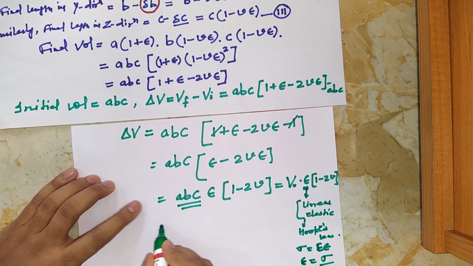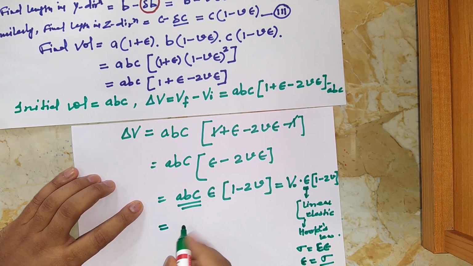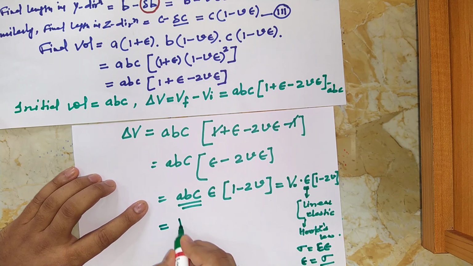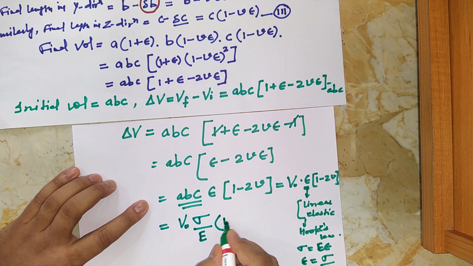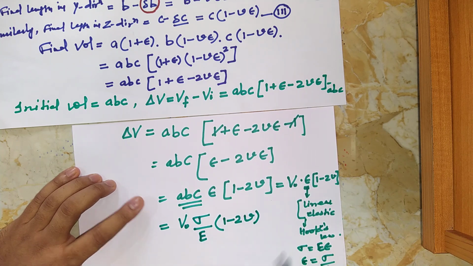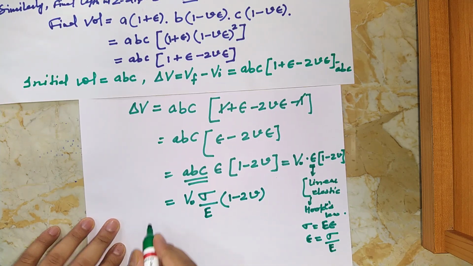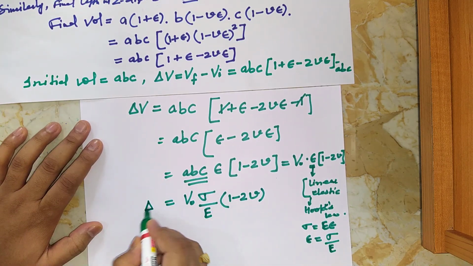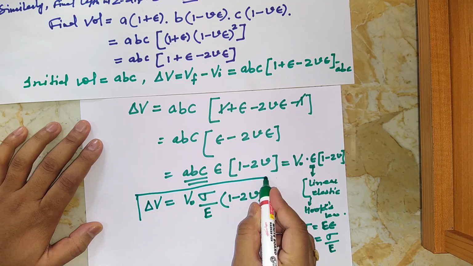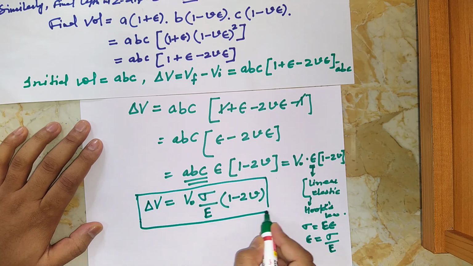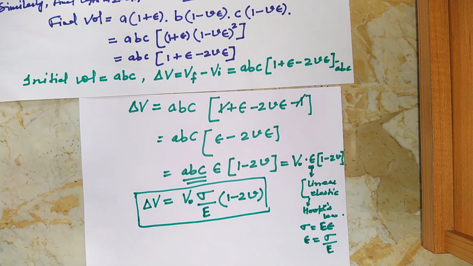So we'll substitute sigma here. So it becomes initial volume into sigma by E into (1 minus 2 nu), isn't it? So this is the change in volume, when we assume that the initial volume is V naught.